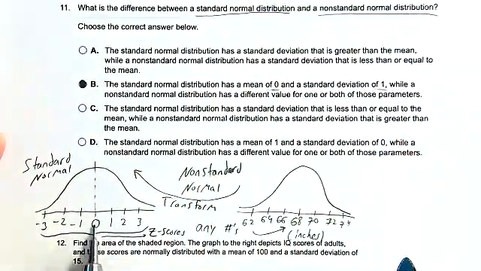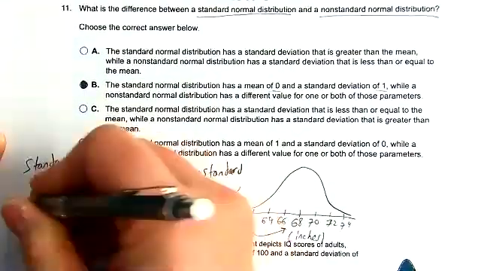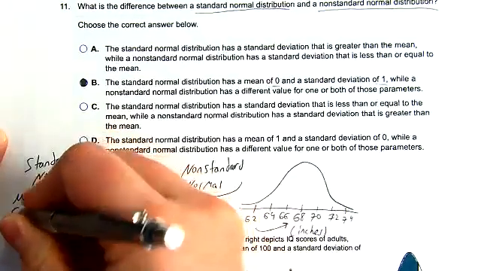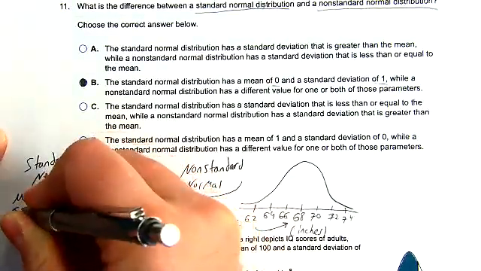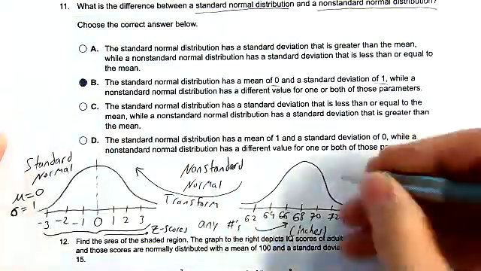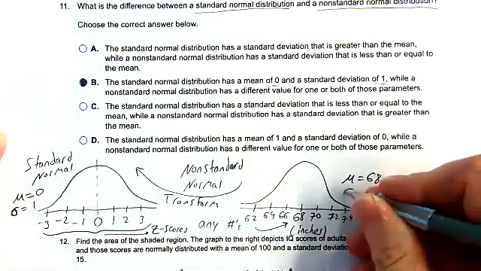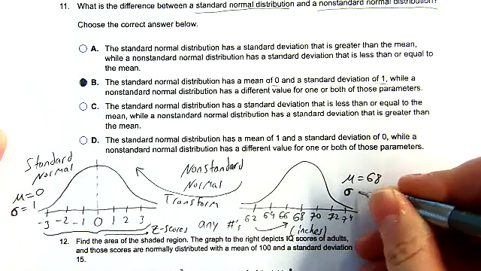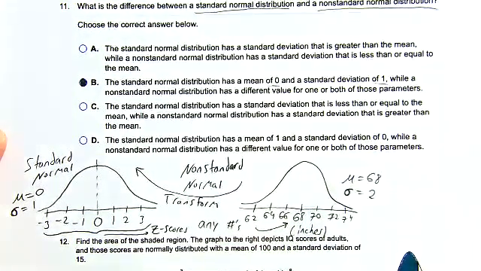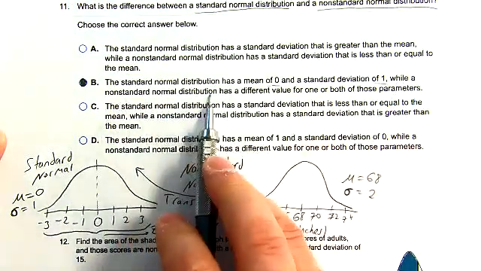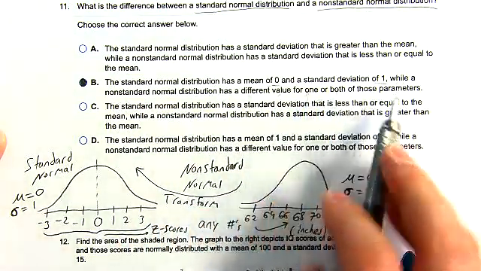So notice the mean is just the center of this, so mu is 0 in this case, and sigma, the standard deviation, is 1. Over here we had a mu of 68, and I just made it up, a sigma of 2. So these incremented by 2. And then the second part of this says, while a non-standard normal distribution has a different value for one or both of those parameters.